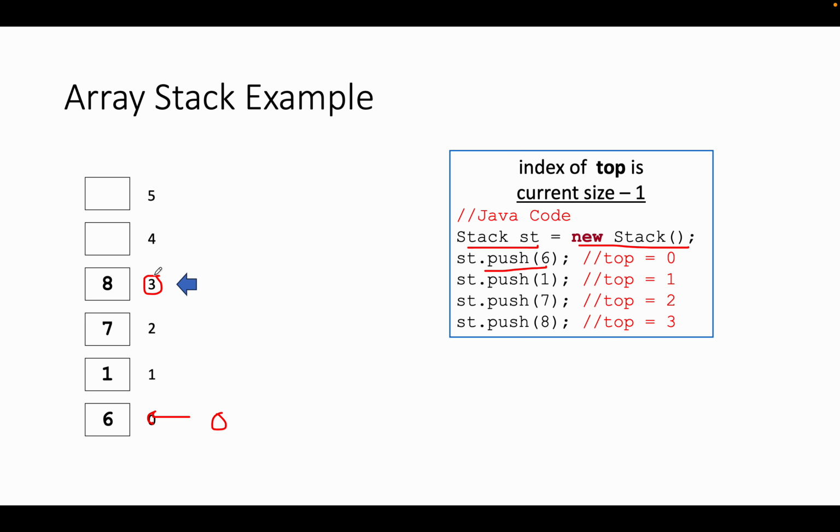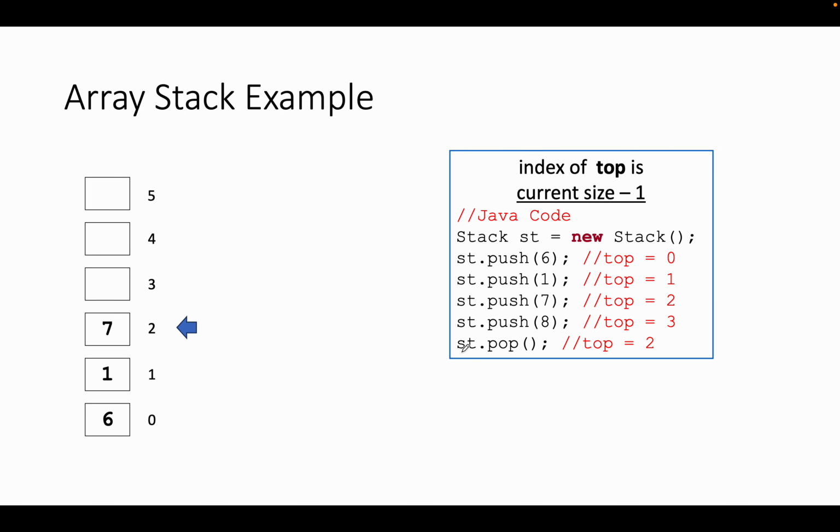Okay, if you would like to ask what the index of the top is, we calculate it using the current size. The size right now is 4, so this will be 4 minus 1, which equals the position of the top. So it is actually the same thing as the index in the array.